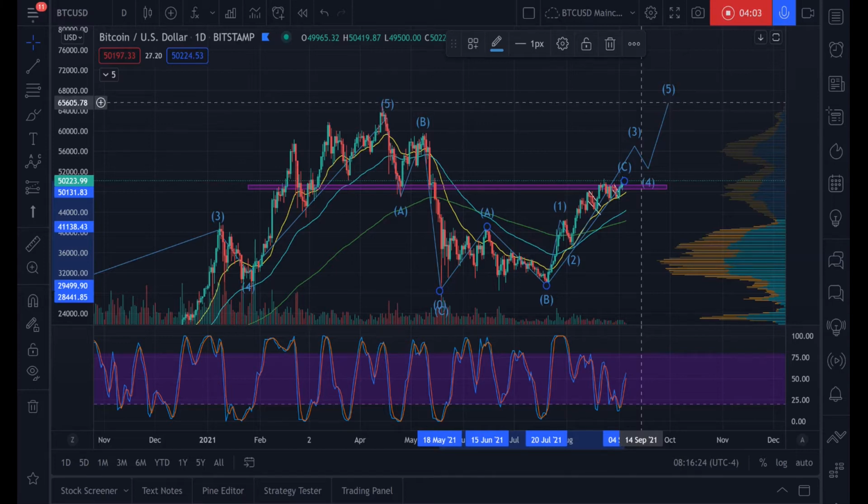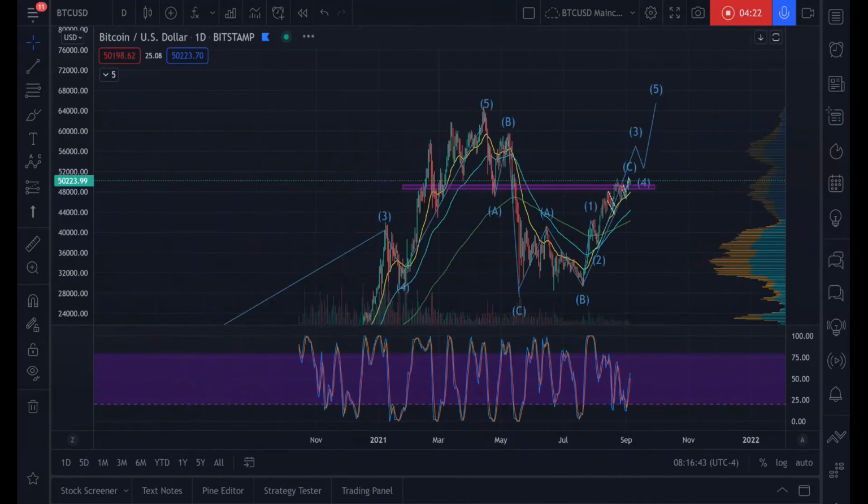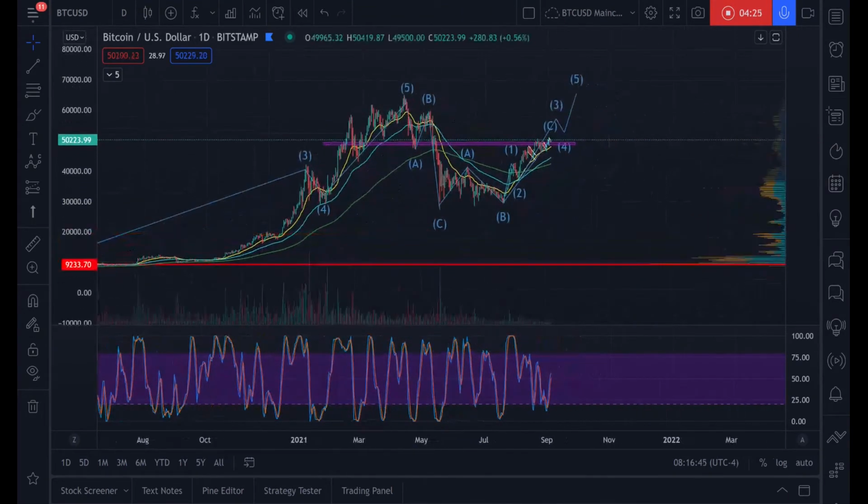It can come even higher than the all-time high of 64K. That's another reason why the bearish scenario doesn't really make sense, only looking at the height of the B wave. And then from there, you would get a C wave. And this is where it really doesn't make sense.